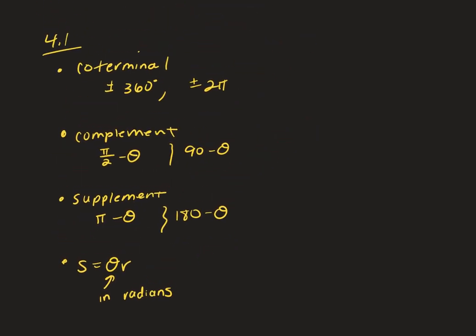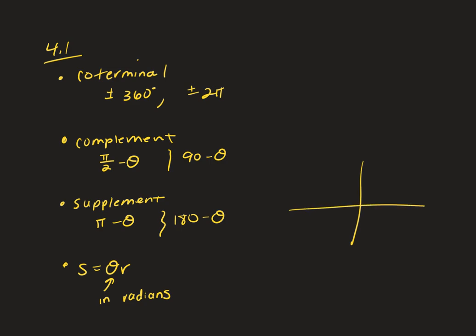And then we started to build our unit circle. We started with the quadrant angles: 0, 90, 180, 270, 360. And then we went in and filled in the radians: 0, pi over 2, pi, 3 pi over 2, 2 pi.